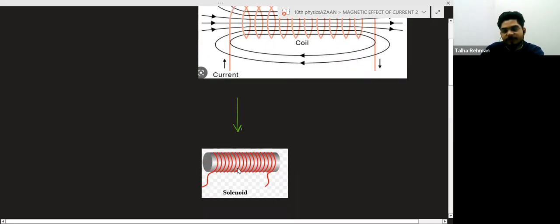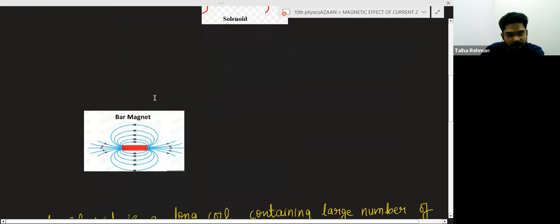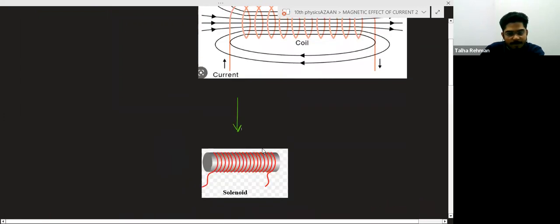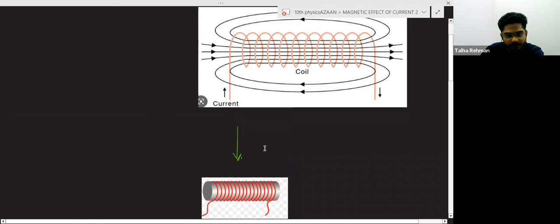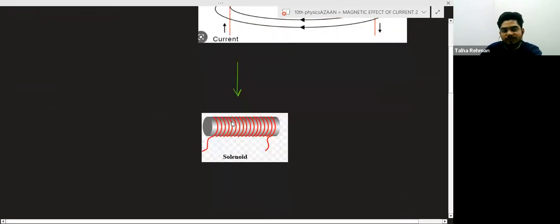Why are we introducing a core? Because when we introduce the core, the magnetic field of this solenoid will increase.